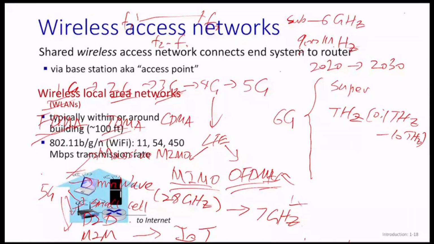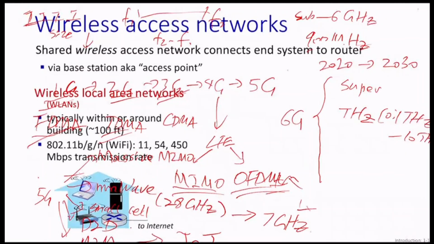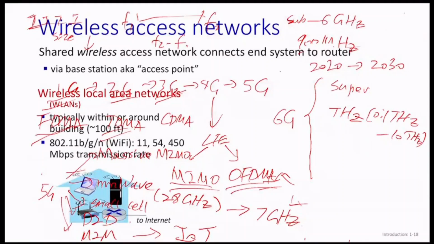Higher frequency: we know that for an antenna, whether a smartphone antenna or an antenna array, the size depends on the frequency. The higher the frequency, the smaller the size. For example, current lower-frequency LTE antennas are big, like 7 meters.